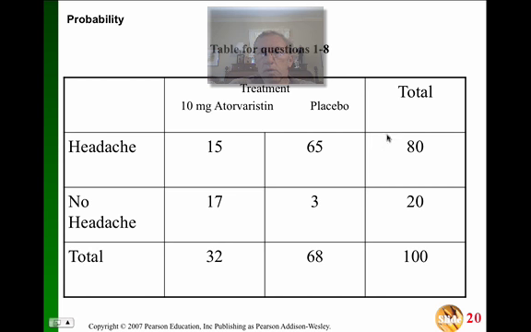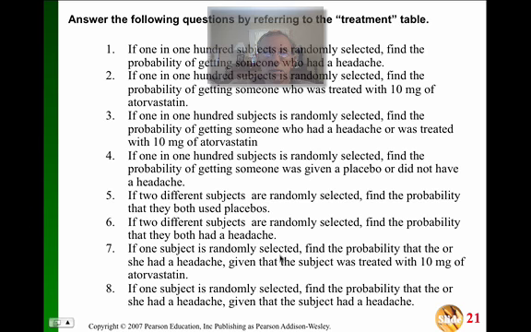Remember, we're working out here in the margins in the column, and that gives us our old frequency diagram. Now, the likelihood of getting someone with medication is 32 out of 100, 32%, and a placebo, 68 out of 100, 68%. So let's review that a little bit in question format.